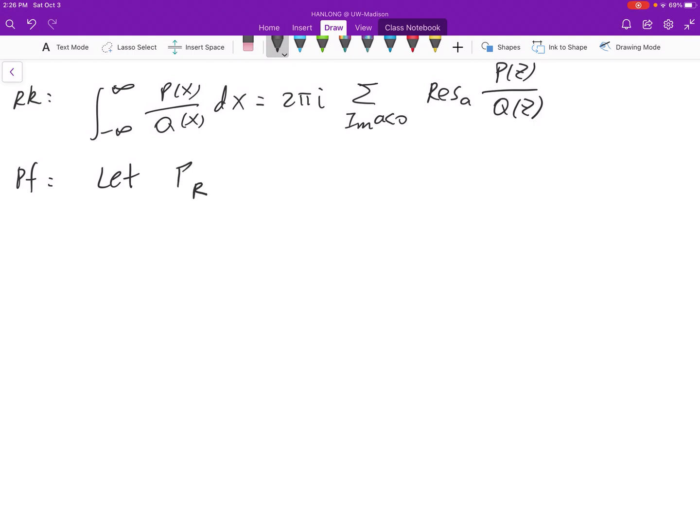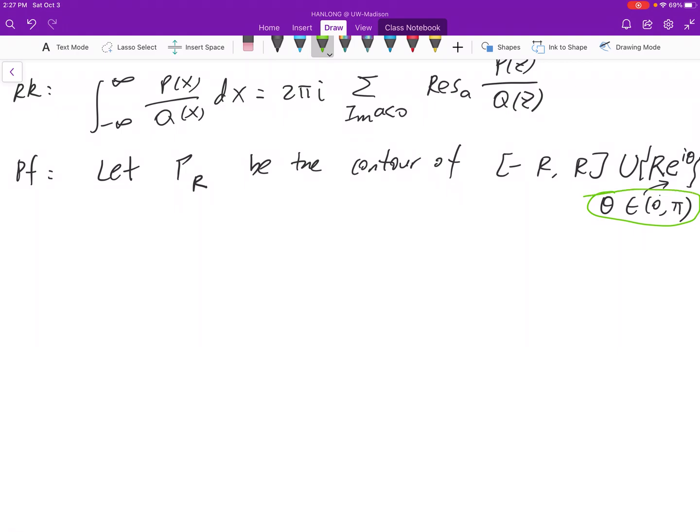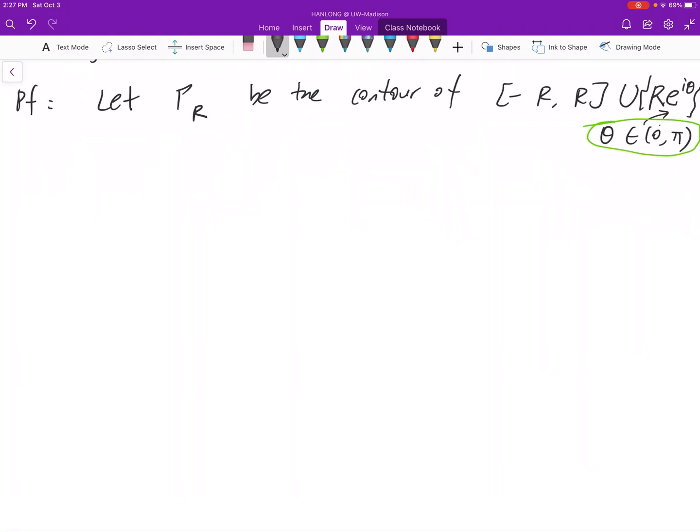So let gamma_R be the contour of negative R to R union the curve R e^{i theta}, where theta is between 0 to pi, with the usual counterclockwise orientation.